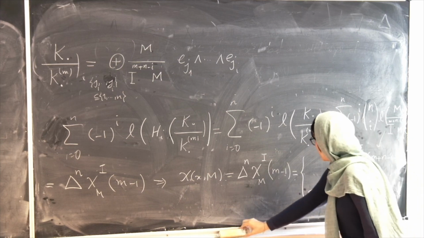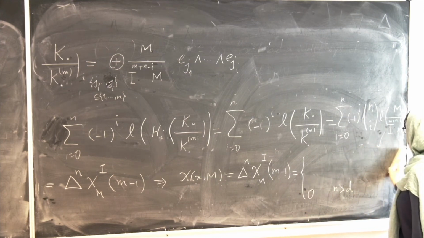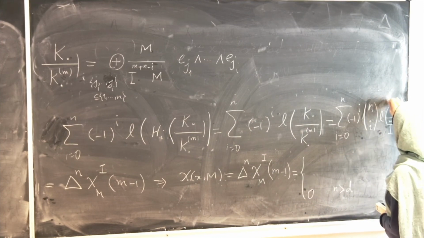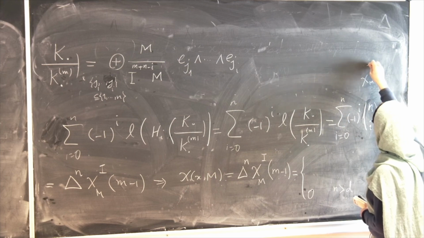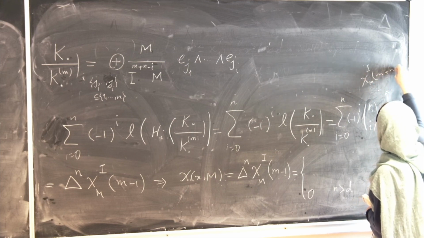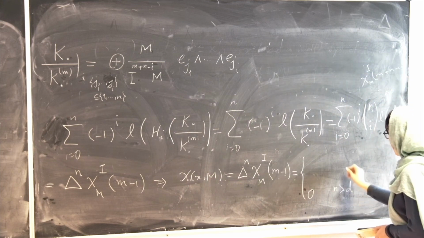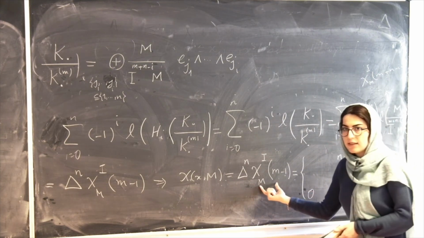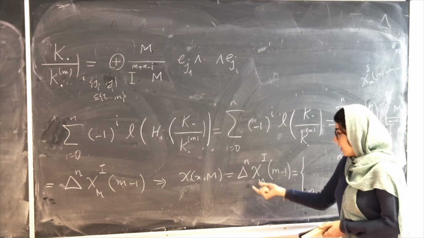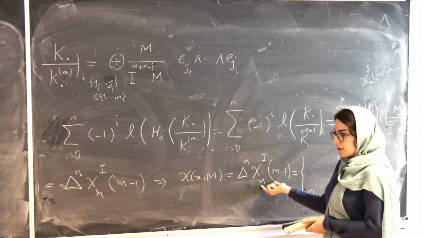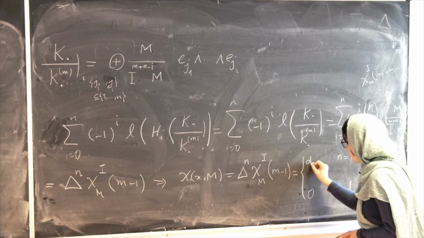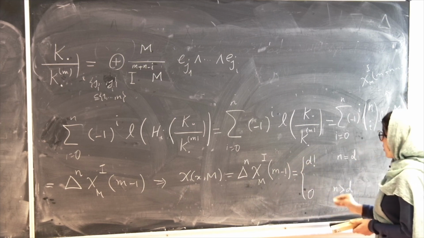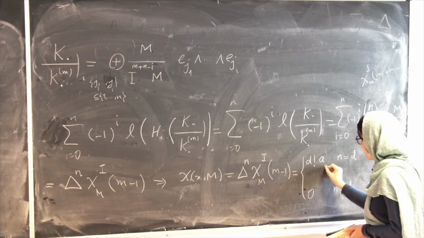And for n equal to d, because d is exactly the degree of this polynomial, this is Δ^d of this, which is exactly d factorial times the leading coefficient.